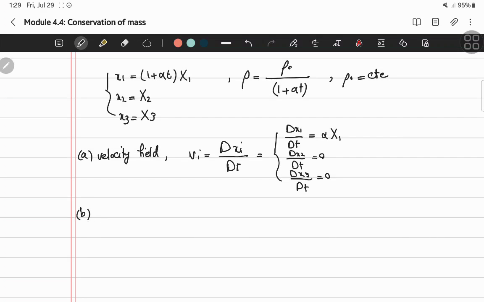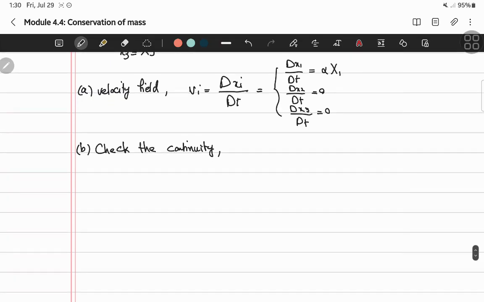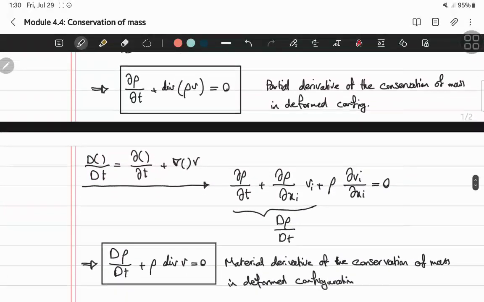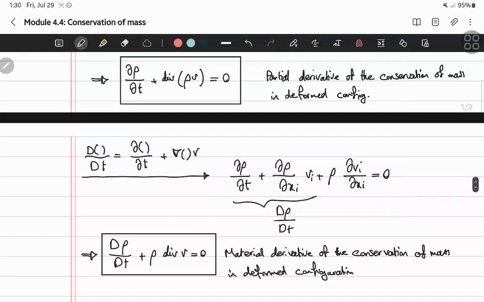The next part wants us to check the continuity. For the continuity we have to check this equation here. We have either this equation or this equation because they are in the differential form. If this one is correct, we can say that we have satisfied the continuity equation.